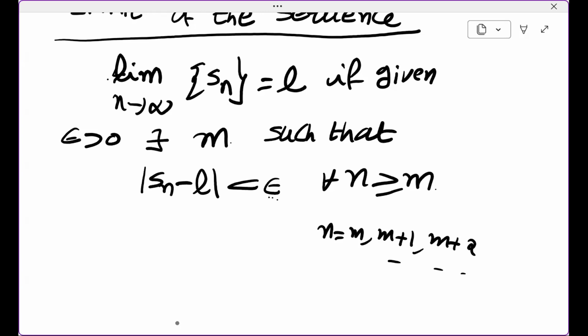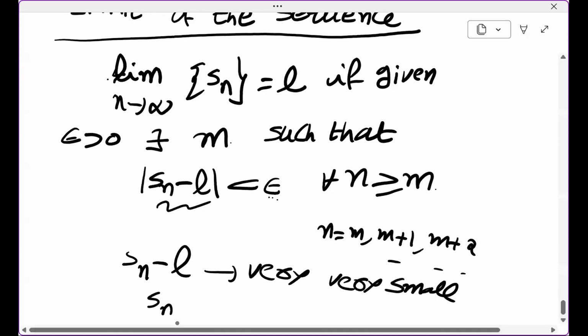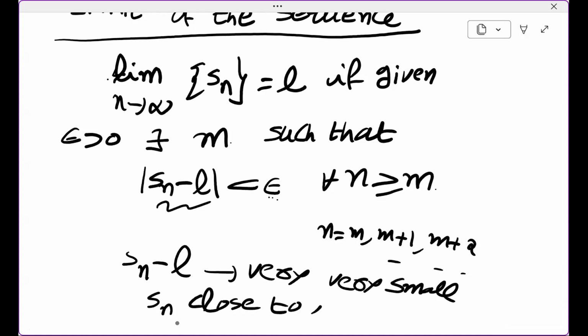That means the difference between Sn and L is very, very small, almost equal to 0. The difference being very, very small means Sn is almost close to L. You can say you and your friend are very close because differences are very few.